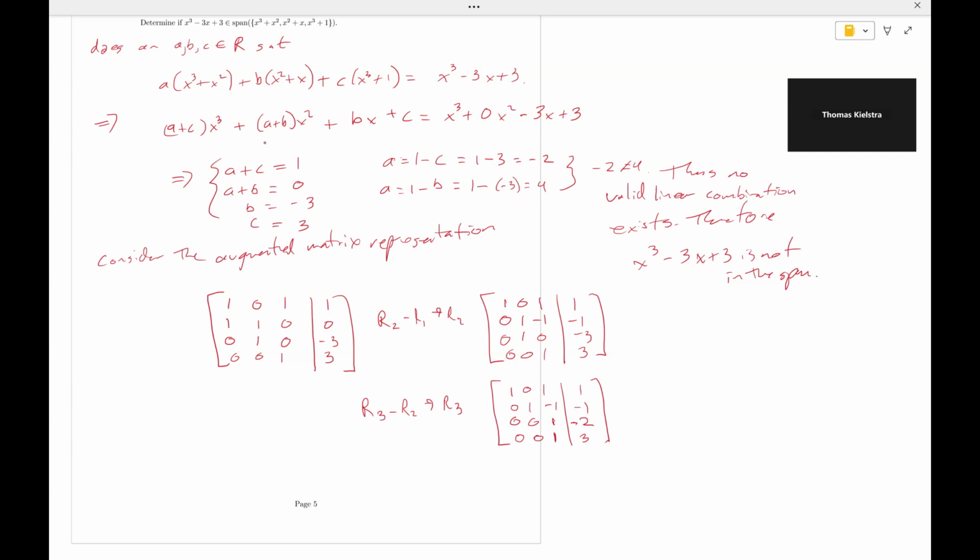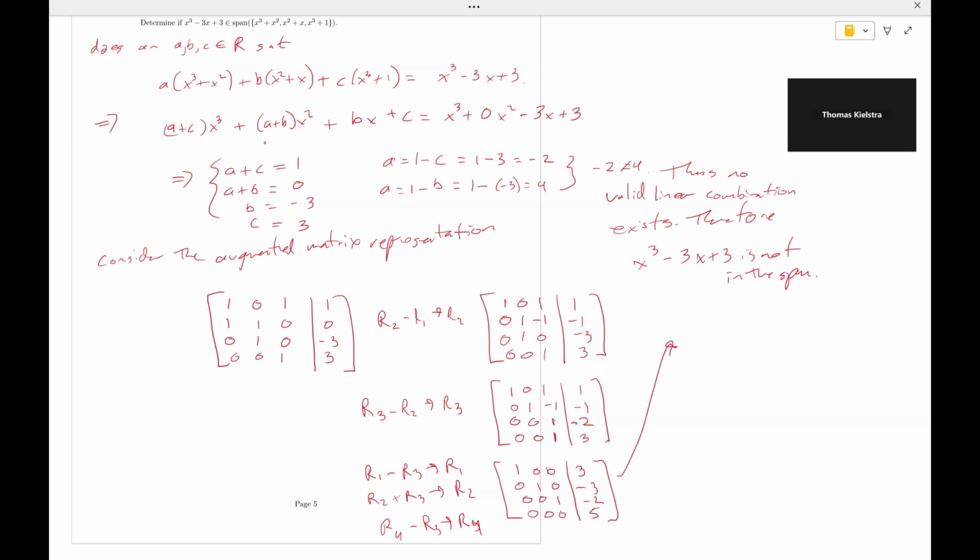But to finish it off, we let R1 minus R3 replace R1, R2 plus R3 replace R2, and R4 minus R3 replace R4, giving us 1, 0, 0, 3; 0, 1, 0, minus 3; 0, 0, 1, minus 2; 0, 0, 0, 5.